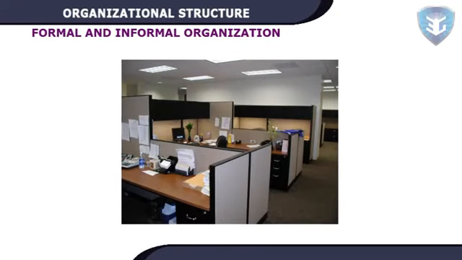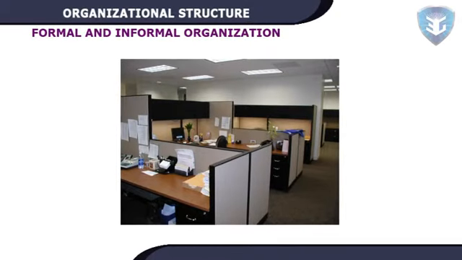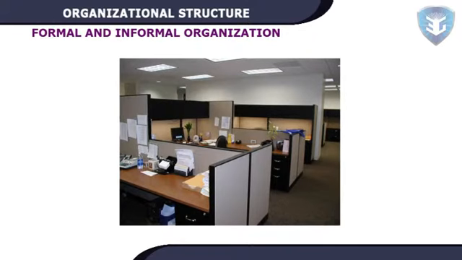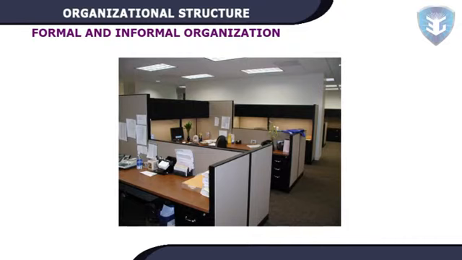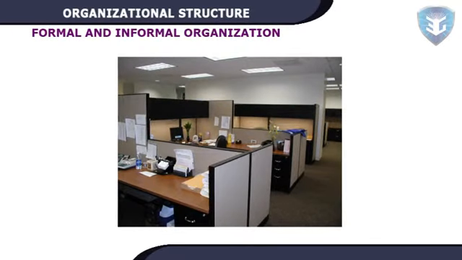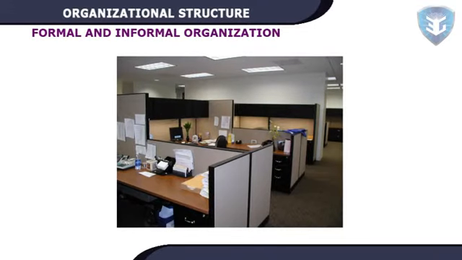Informal organization consists of groups of people who may work in the same department or in different departments of the organization. These informal groups are formed on the basis of emotional attachment, and the purpose is to satisfy those needs which cannot be satisfied by formal organization. The formal organization keeps its members informed of all matters affecting their job and positions in the organization.